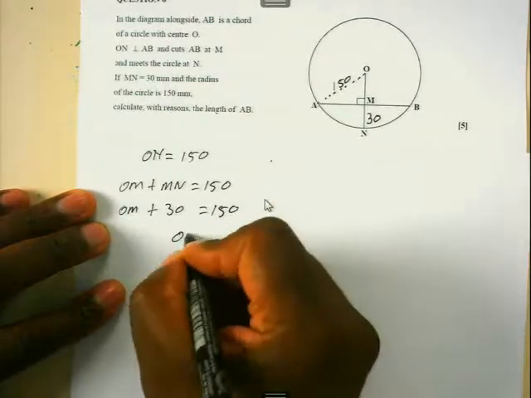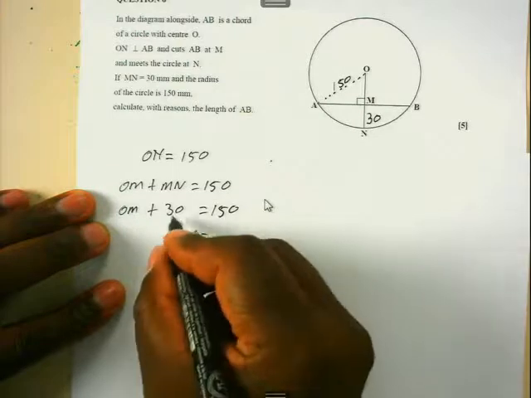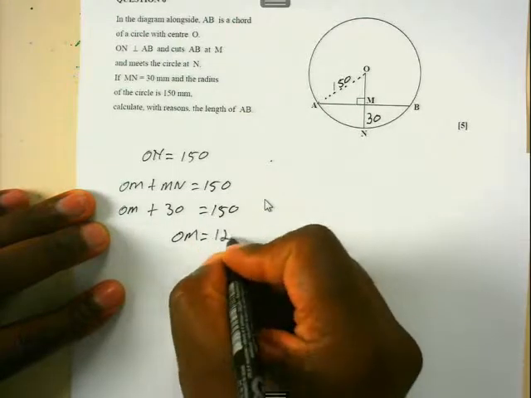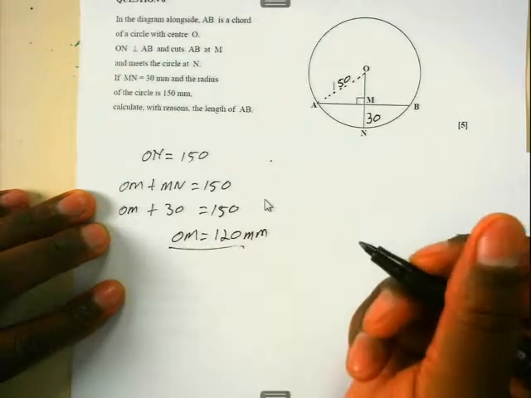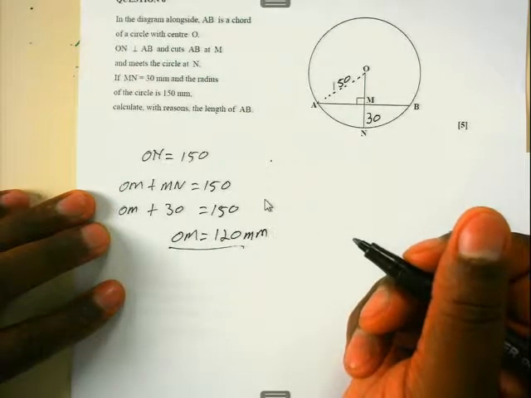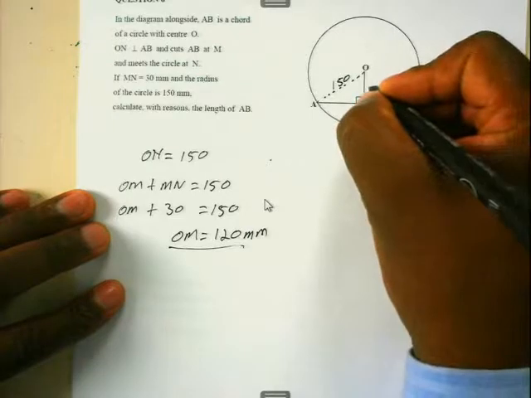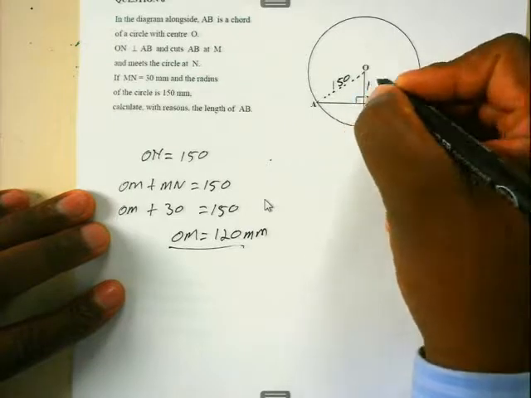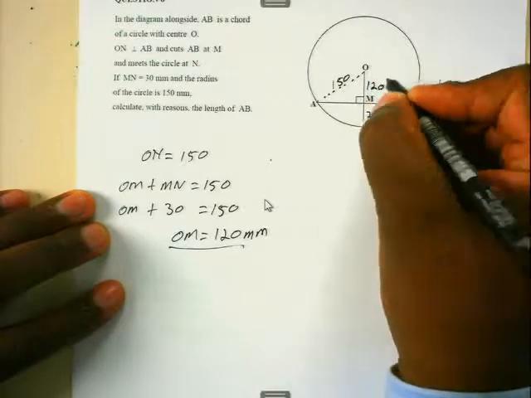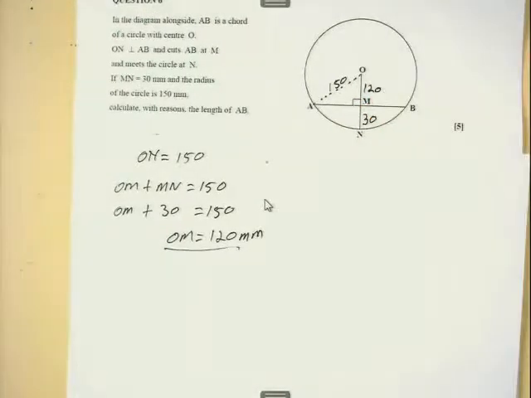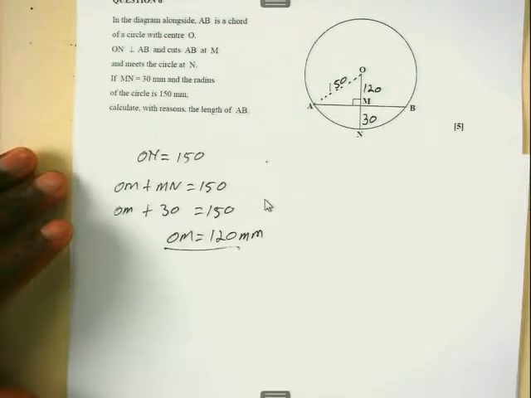Therefore OM will be equal to 150 minus 30, which gives us 120 millimeters. That is the length of OM. So OM is 120 millimeters.